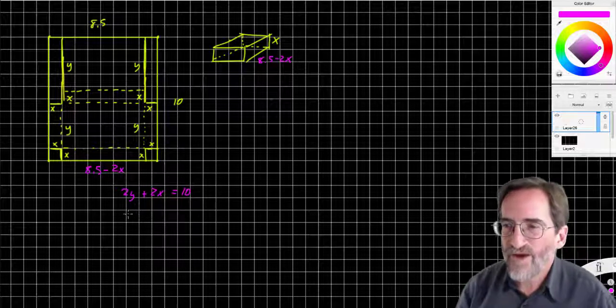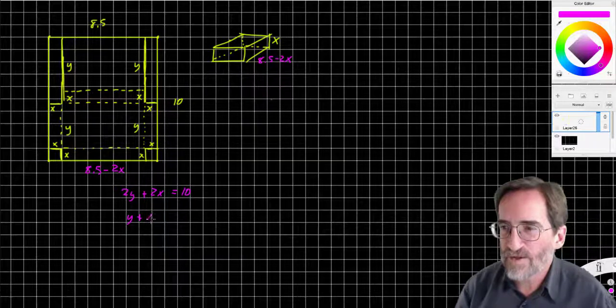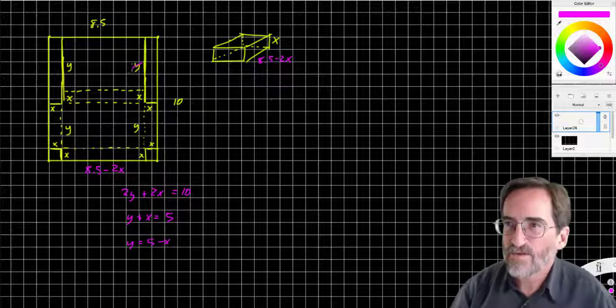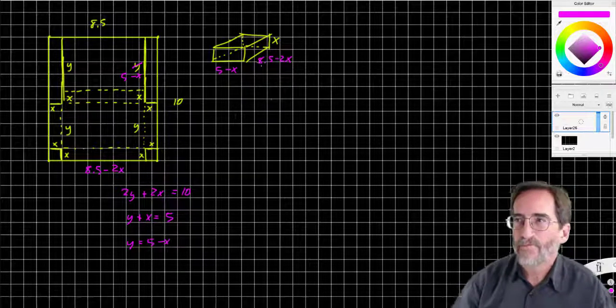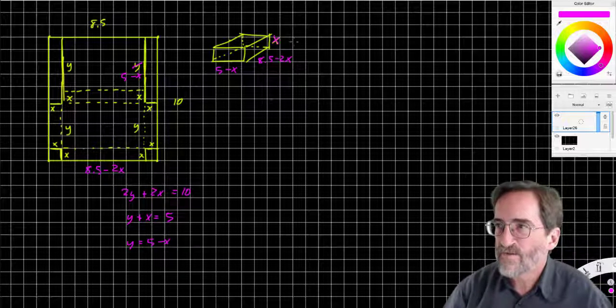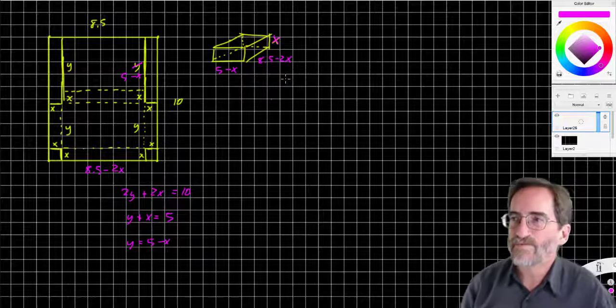We can factor out and divide by 2, y plus x equals 5, and y is 5 minus x. So let's replace the y with 5 minus x. So this dimension is 5 minus x. Okay? So we've got an x by 8.5 minus 2x by 5 minus 2x box.